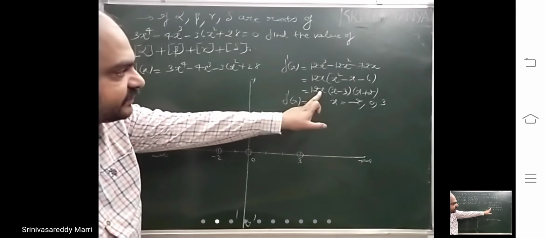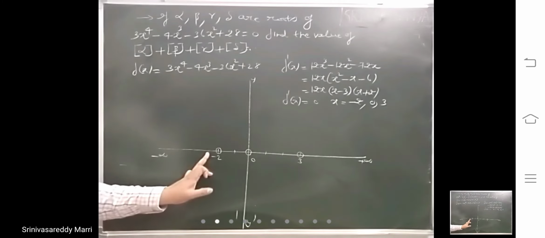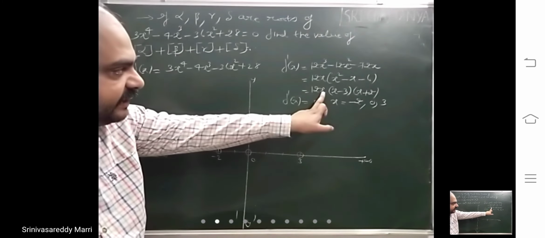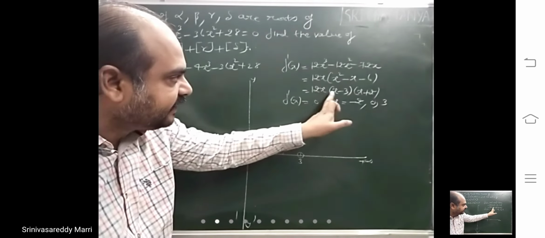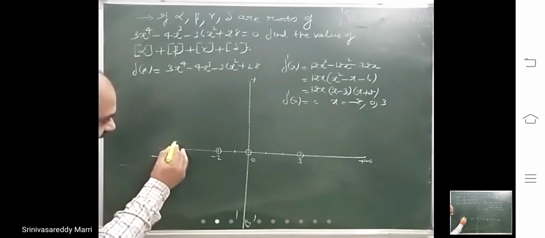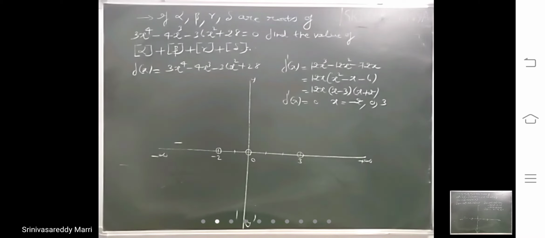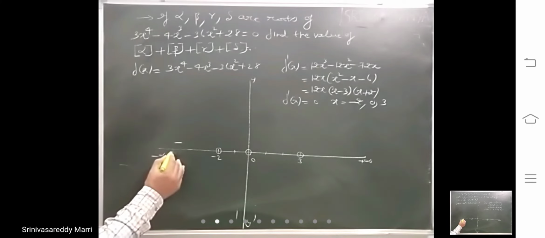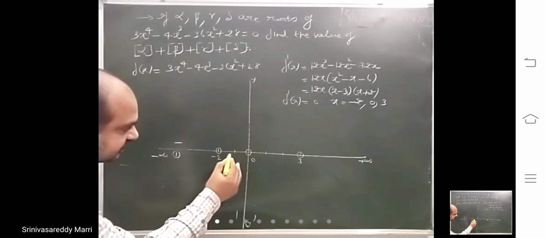Now here f dash x is positive or negative. In the first interval, substitute minus 3: minus 3, minus 6, minus 1, negative, negative, negative. So here the function will be decreasing in the first interval. Minus 2 to 0 is the second interval.